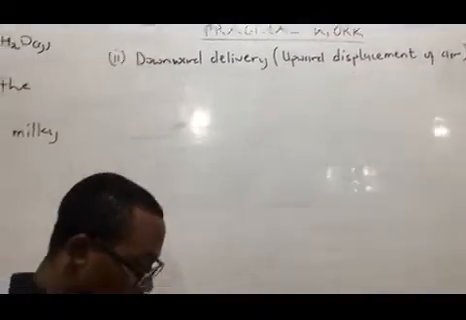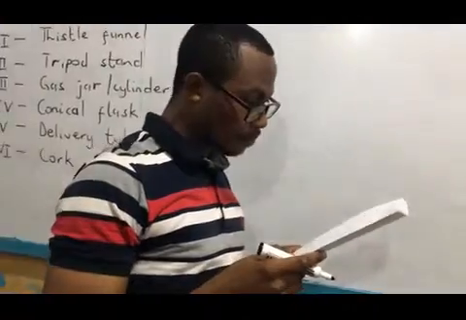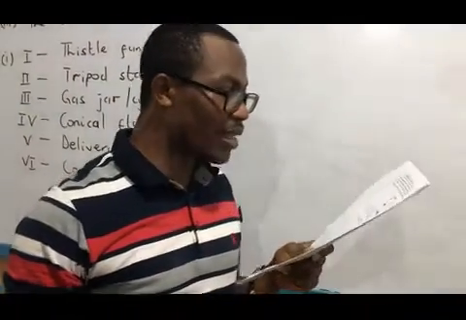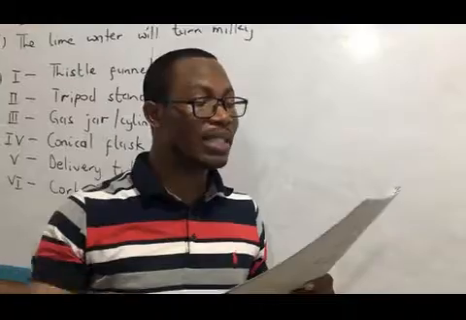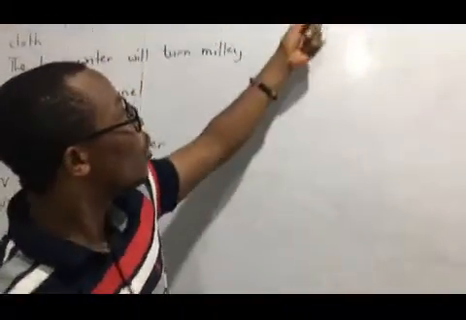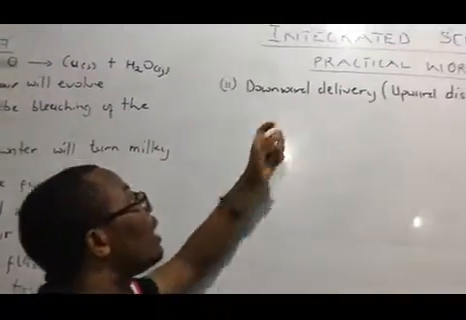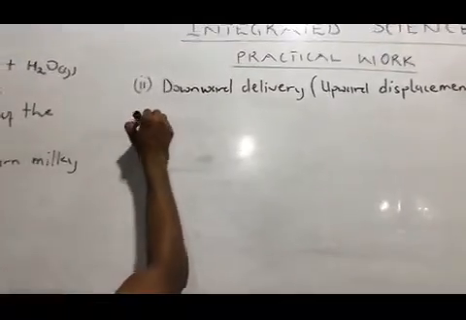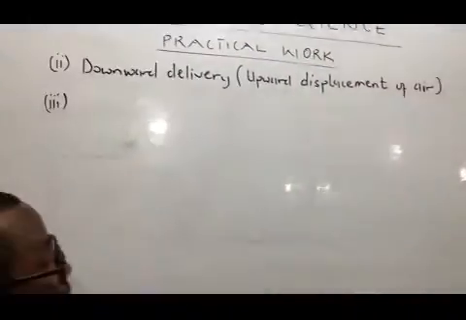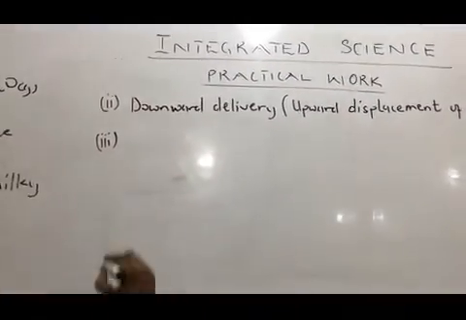Okay. Then III says name two gases which can be collected by the method named in II above. So you are naming two gases that can be collected by downward delivery. I told you gases collected by downward delivery are gases that are denser than air.